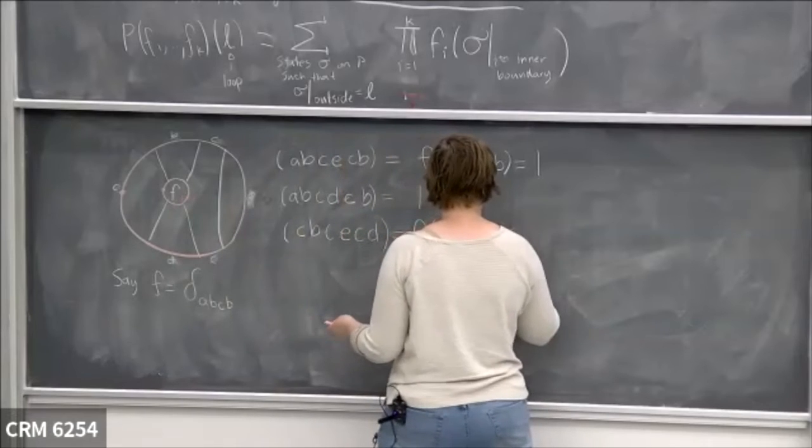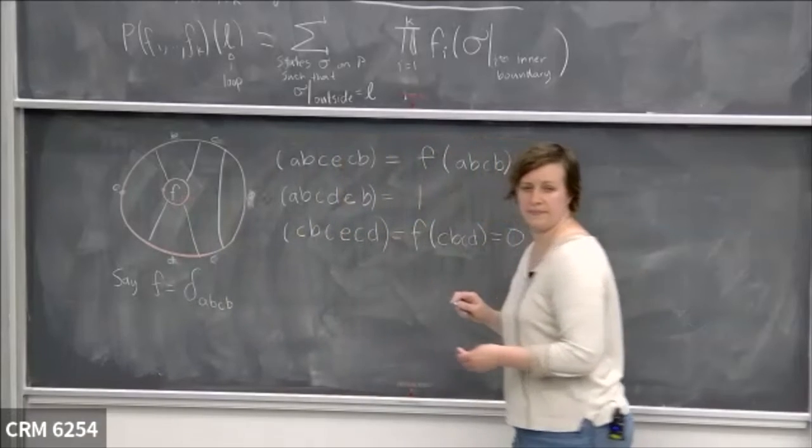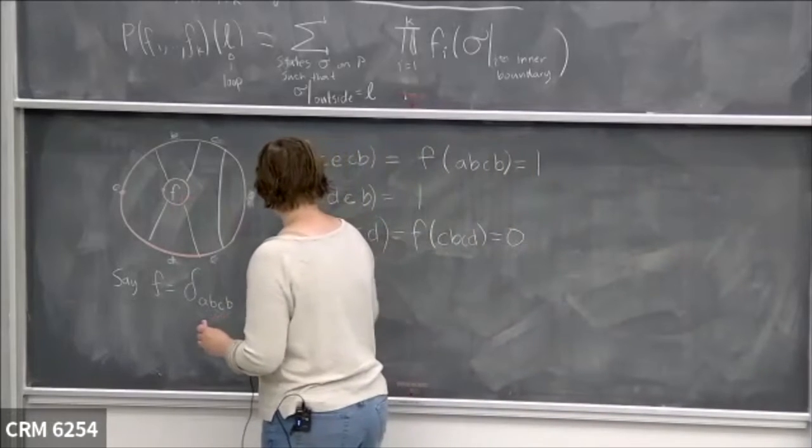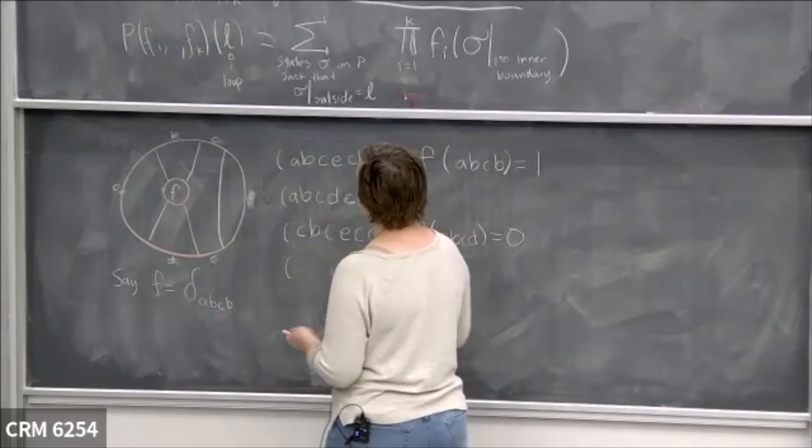We'd see that we have C, B, C, D, which the particular F we've picked gives us 0. And the one other way that we could get a 0 here, let me see if I can pick a path that does this.